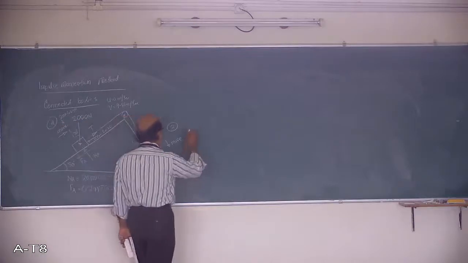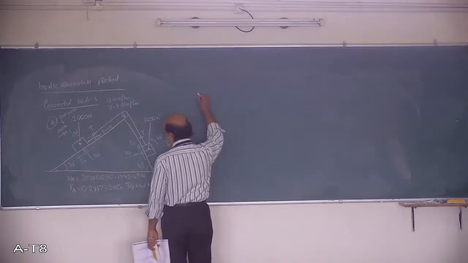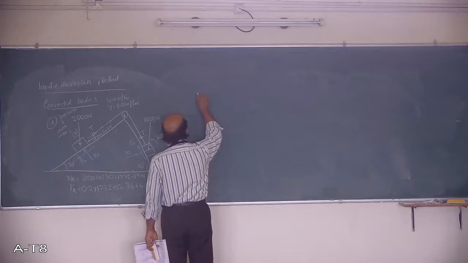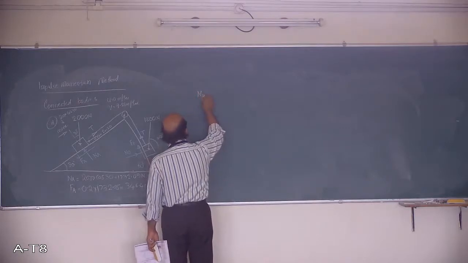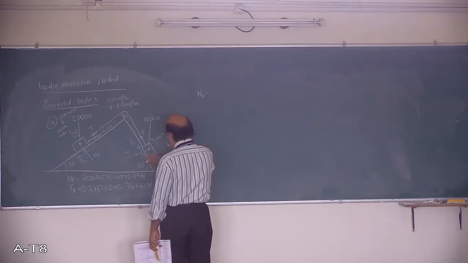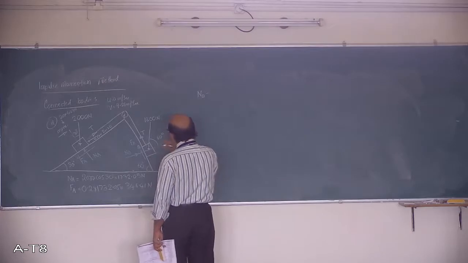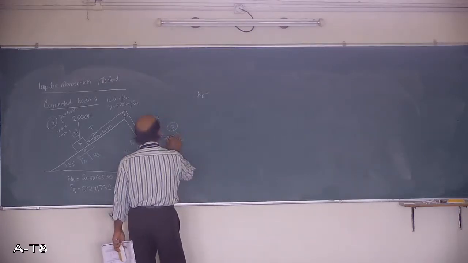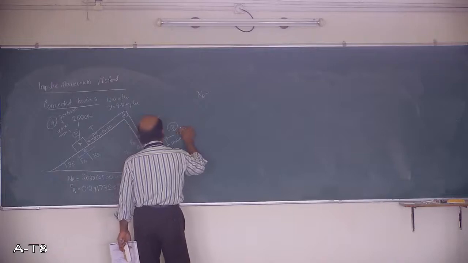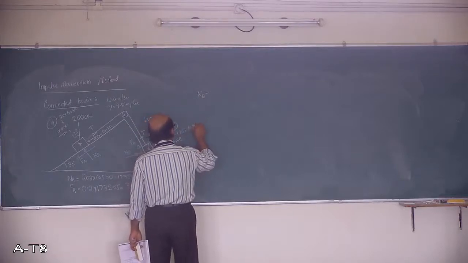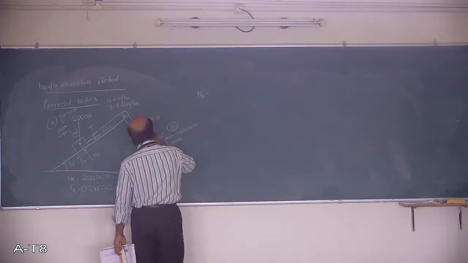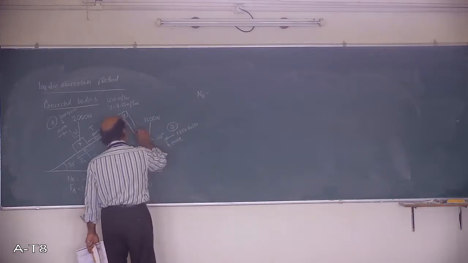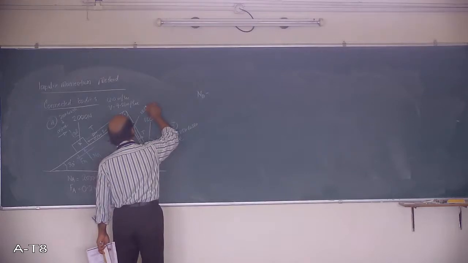Now for block B I will work out here. NB is equal to 1800 cos 60, similar to this, and the component of weight will be acting in this direction, so this is 1800 sin 60.